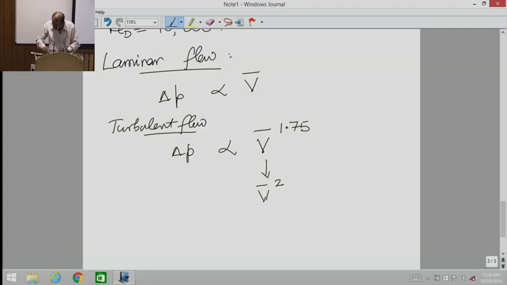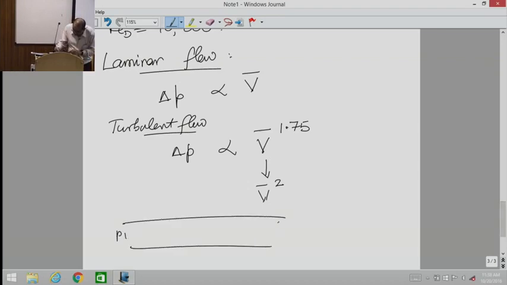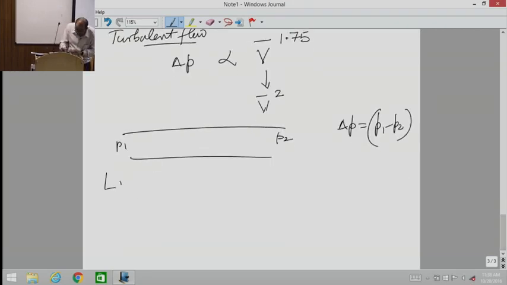Now, delta P is basically, if this is P1 and this is P2, the pressure drop in the pipe, which is equal to P1 minus P2. Now, let's look at laminar pipe flow.